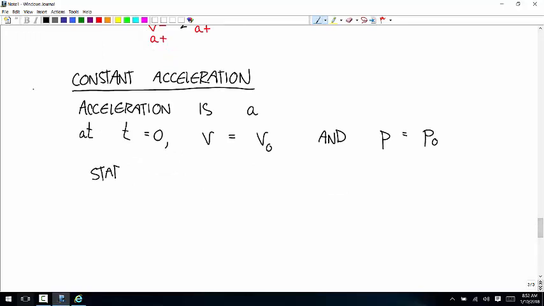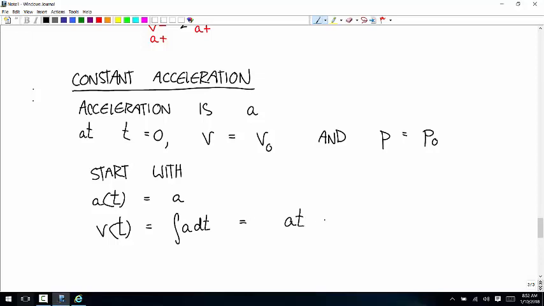Okay, so we'll start with the acceleration as a function of time is equal to this constant a. Then velocity as a function of time is the integral of a dt, which is at plus a constant.